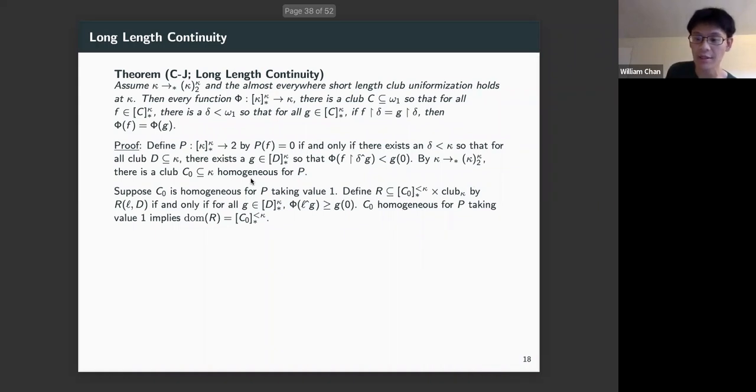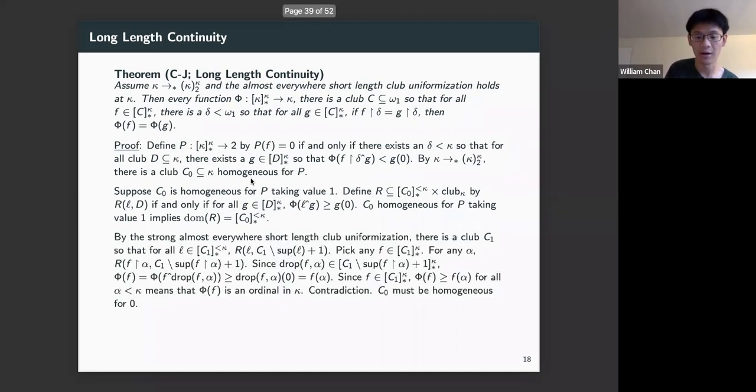Define a relation on C0 to less than kappa cross club by saying that R of L and D holds if and only if for every single G passing through D, phi of L followed by G is bigger than or equal to G of 0, right? And since C0 is homogeneous for P for the one side, by taking negation, you can check that this implies that the domain of R is actually C0 to less than kappa.